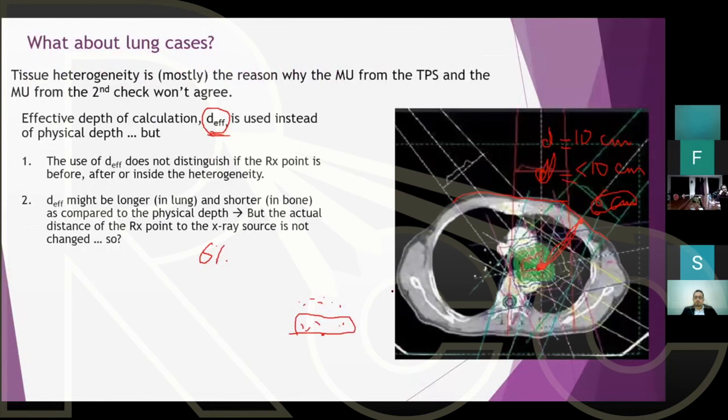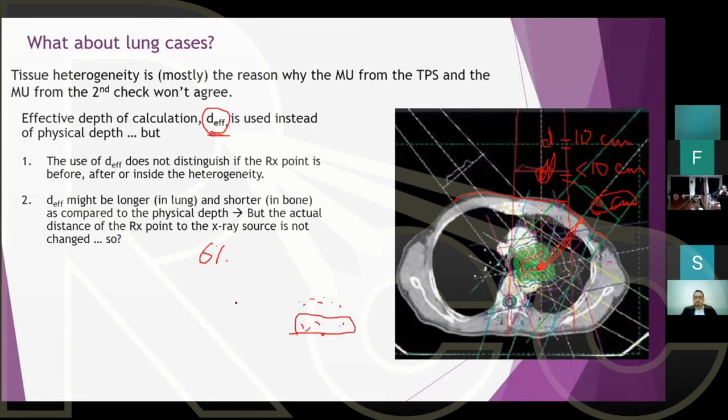So if I'm getting 6% agreement, I will consider that okay. Okay? Only for certain specific cases, and only if you are sure that heterogeneity is what is causing the disagreement.